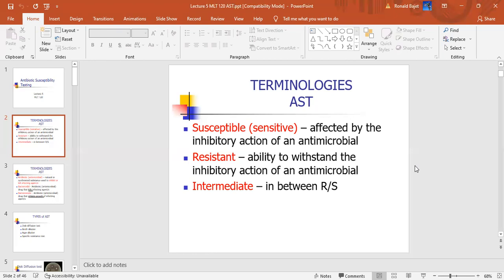So what he may consider next would be if the organism was intermediate. Okay, so intermediate is okay to give to the patient if all options for susceptible antibiotics are off the table. You see what I'm saying?